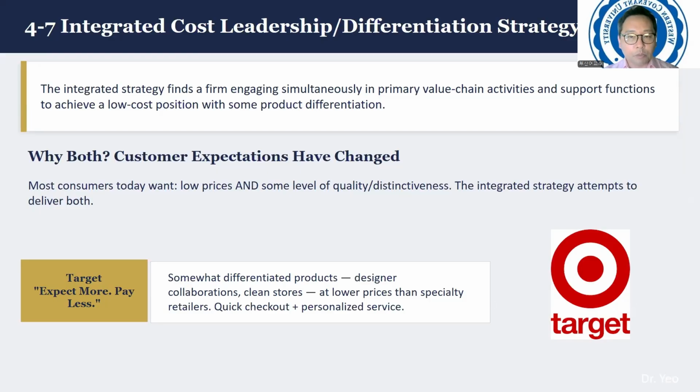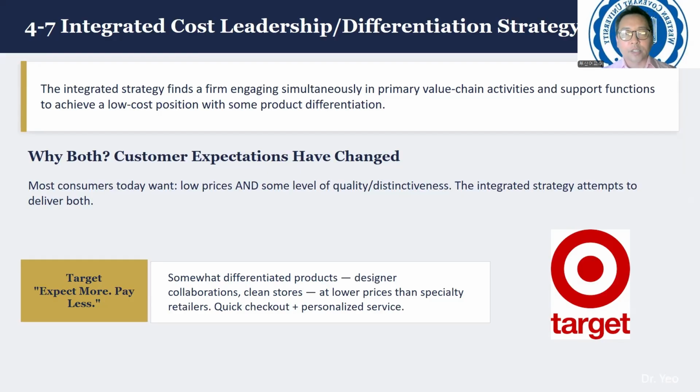They want a reasonable price and, at the same time, good quality. That's what we always want, right? So they want value and more distinctiveness. The integrated strategy attempts to deliver both simultaneously.